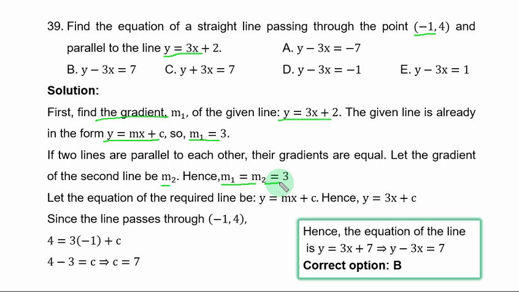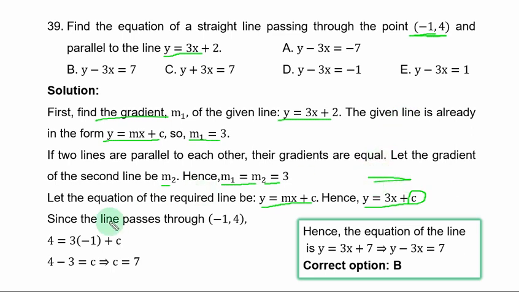Let the equation of the required line be y equal to mx plus c. Now you know m to be 3. Hence, you have y equal to 3x plus c. But c is needed. Since the line passes through this point, it means x is equal to minus 1, y is equal to 4, so that you can get c from here.